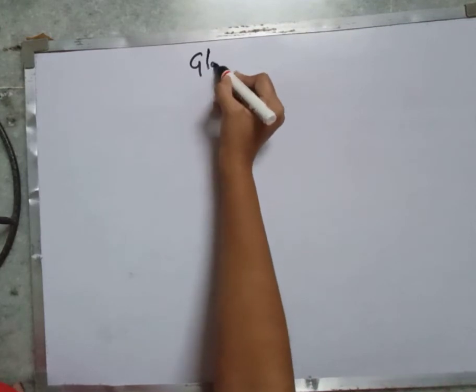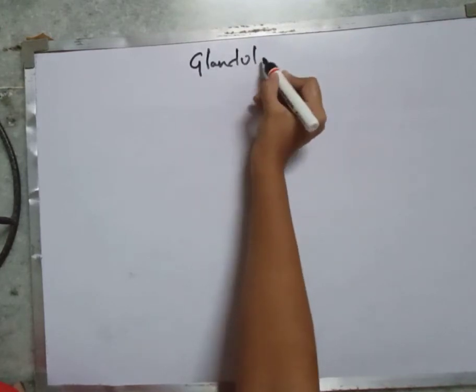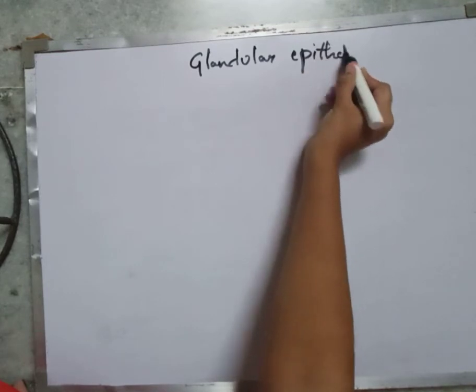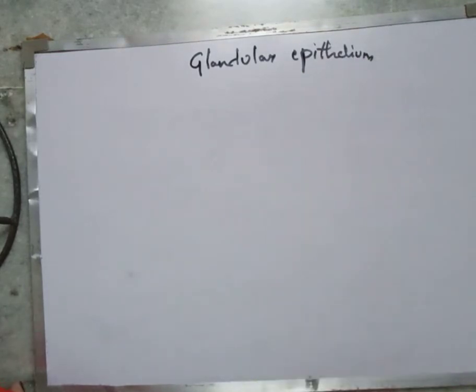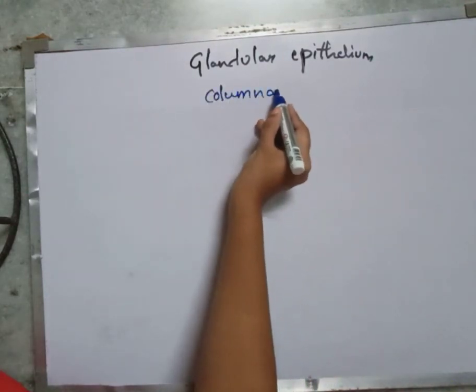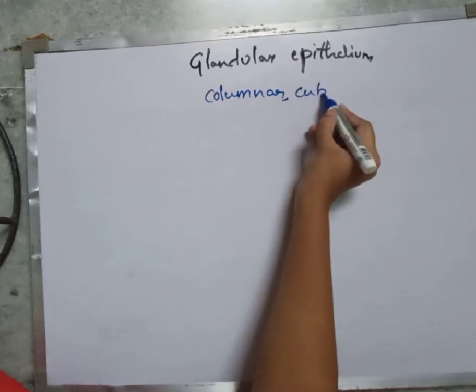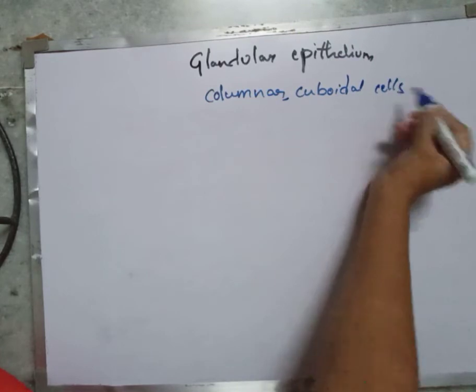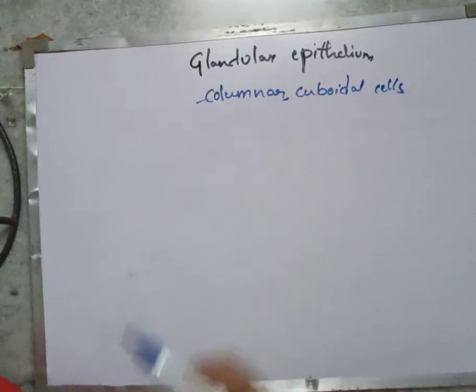And the next one is glandular epithelium. Glandular epithelium means certain types of columnar and cuboidal epithelial cells. Certain types of columnar and cuboidal cells secrete some secretions.